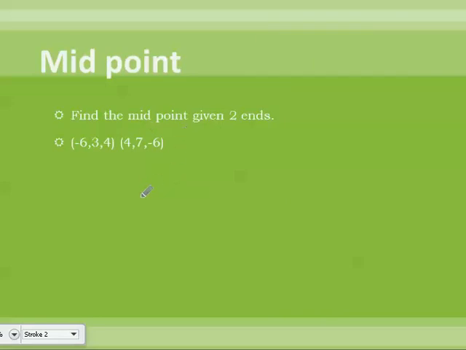Midpoint. Midpoint is just like in a 2D space. You add the coordinates together. So in this particular case, I would take -6 plus 4 and divide by 2. That'd be my x-coordinate. My y-coordinate is going to be 3 plus 7 divided by 2. My z-coordinate is going to be 4 plus -6 divided by 2.